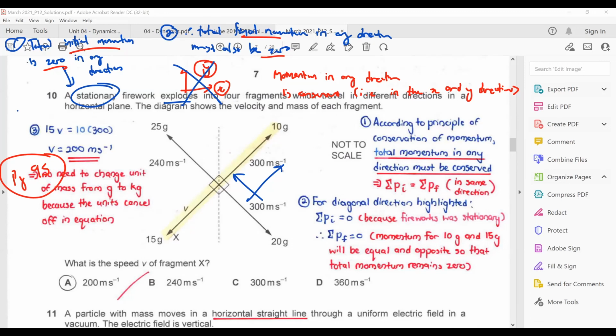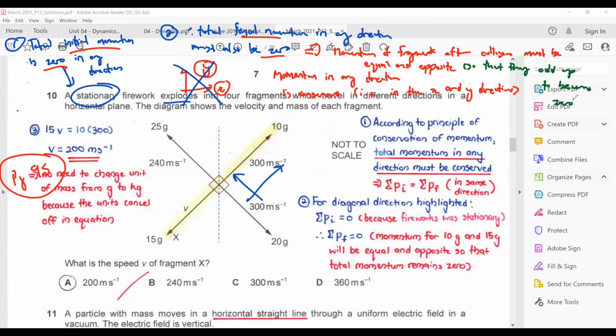So this in turn will tell you one thing: the momentum of the fragments after collision must be equal and opposite, so that they add up to become 0.